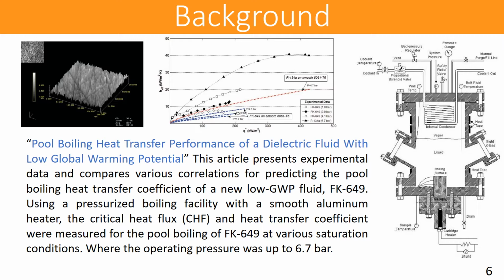Using a pressurized boiling facility with a smooth aluminum heater, the critical heat flux and heat transfer coefficient were measured for the pool boiling of FK649 at various saturation conditions, where the operating pressure was up to 6.7 bar. So here it is also seen that the operating pressure is limited and is less than 10 bar.